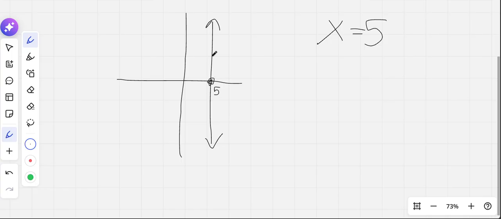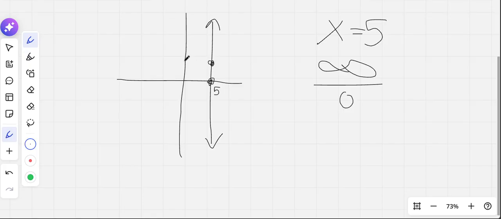Because if you think about trying to apply rise over run to this, let's say we rise infinitely, so the rise is infinite, and then we run 0. Or, let's say from this point to this point.